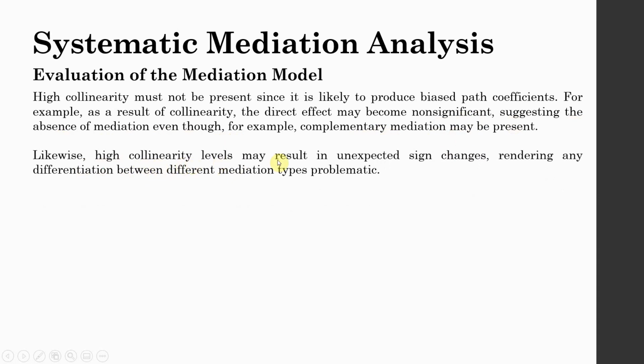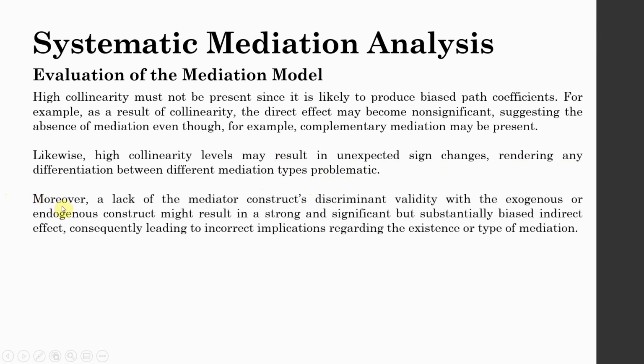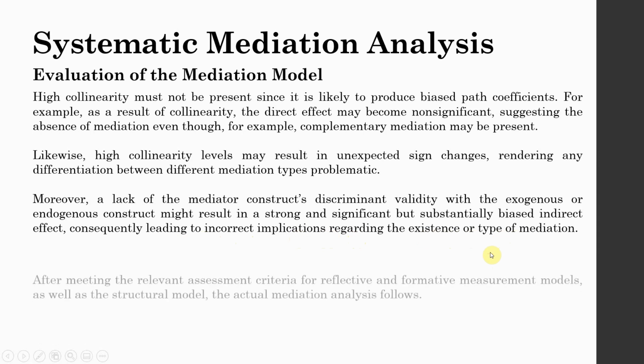Likewise, high collinearity levels may result in unexpected sign changes, rendering any differentiation between different mediation types problematic. Moreover, a lack of the mediator construct's discriminant validity with the exogenous or endogenous construct might result in a strong and significant but substantially biased indirect effect, consequently leading to incorrect implications regarding the existence or type of mediation.